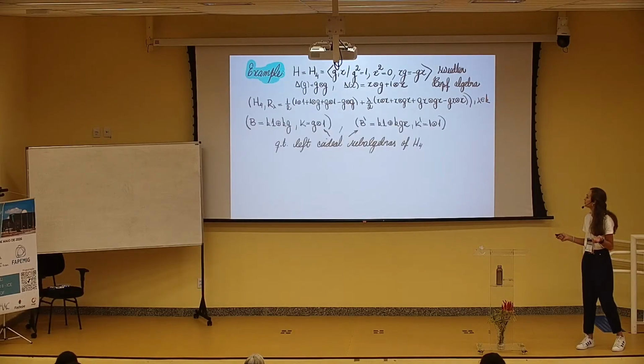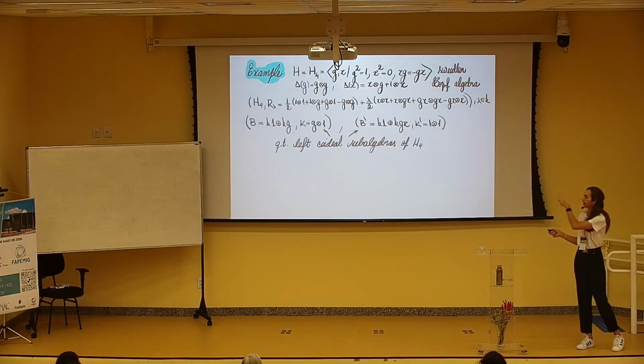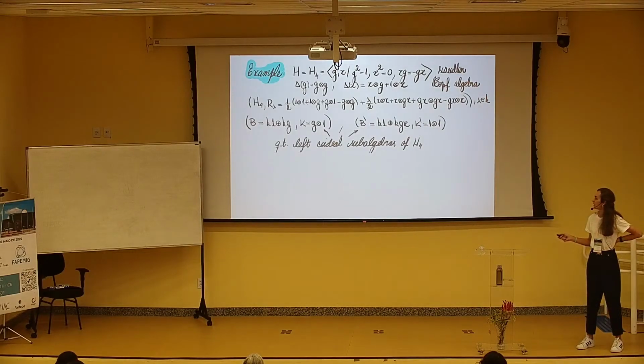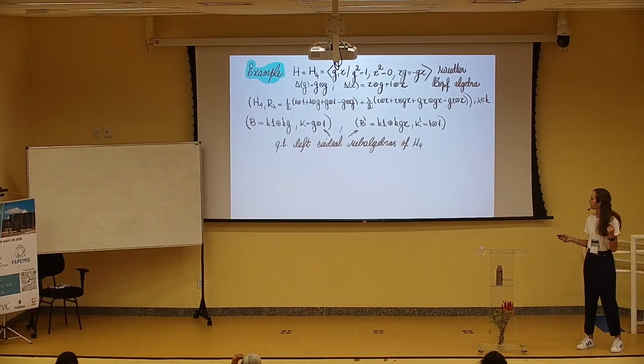And we know what all the coideal subalgebras of this one are. There are infinitely many, but I took two of them. So one is like the group algebra of C2, because the generators are 1 and g. And the other one has generators 1 and gx. So the K-matrix here, we check that this is a K-matrix, g tensor 1, and this is a K-matrix here, 1 tensor 1.